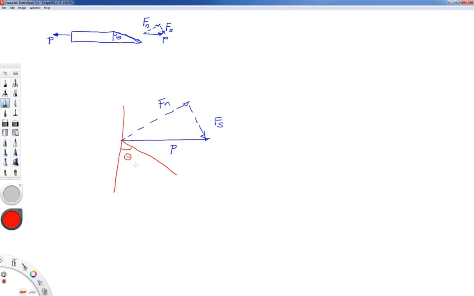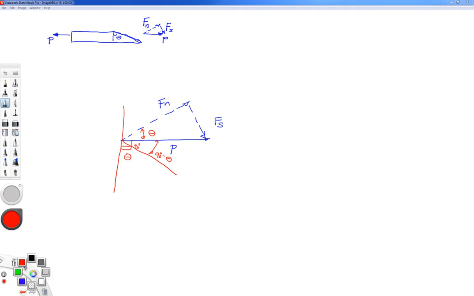Now, it's kind of hard to see the way I drew it, but from this red line to the blue line is 90 degrees. So this angle is 90 degrees minus the angle theta. Well, that means that this angle in this picture is the angle theta, because from the blue dashed line to that slanted red line is also 90 degrees.